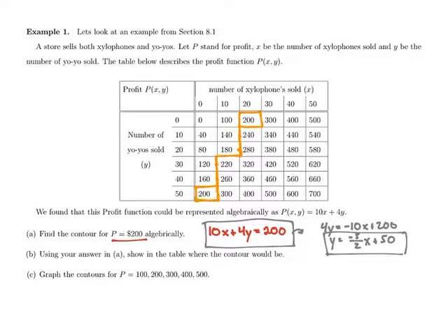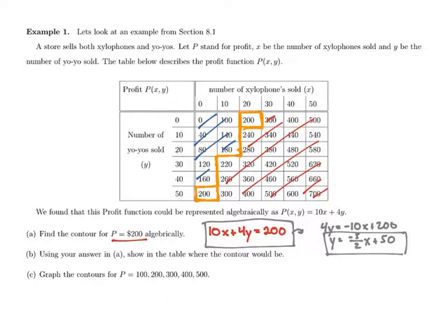There's no really right way to draw this contour in a table, but we know that everything to the left of that line is going to be less than 200. So everything over here is going to be less than 200. Everything to the right of that line is going to be greater than 200. So that's something we could see with the table of this kind of contour. And it gives us this idea of some line here in the table.